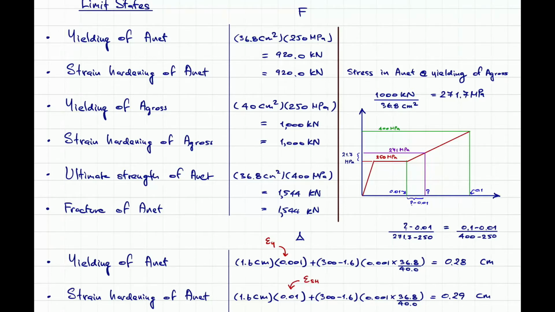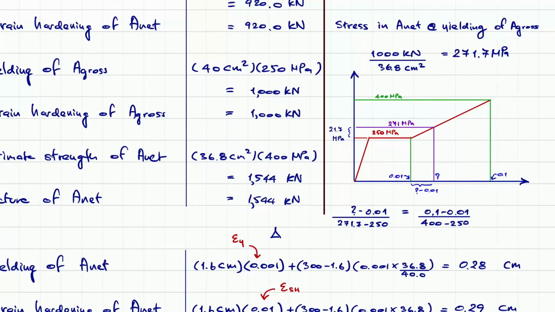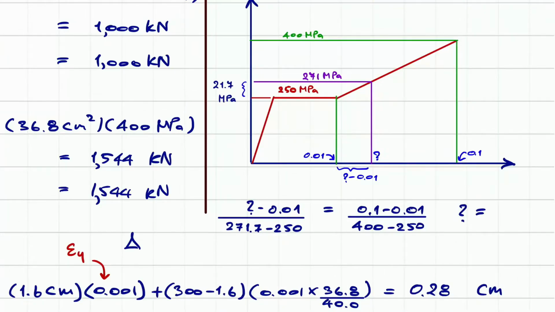And that is going to make the question mark equal to 0.09 multiplied by 21.7 divided by 150, and that is 0.013, whatever.